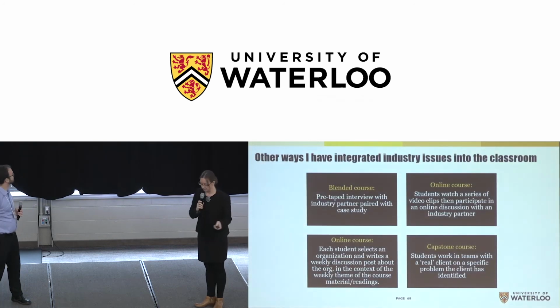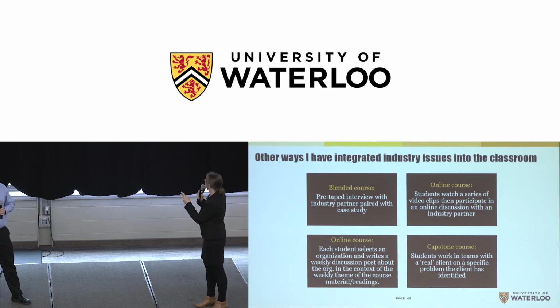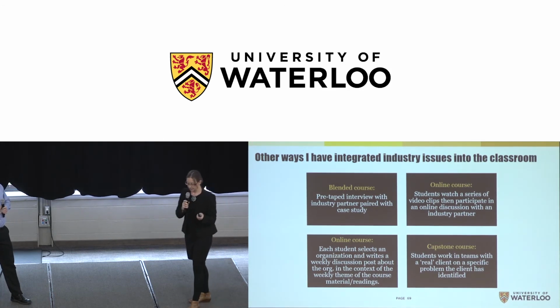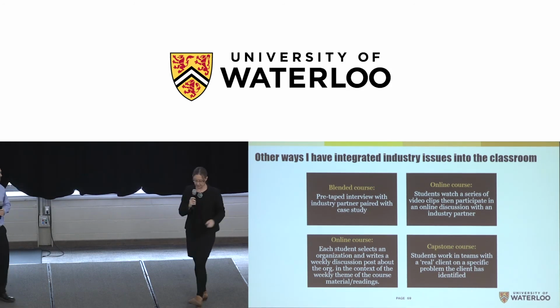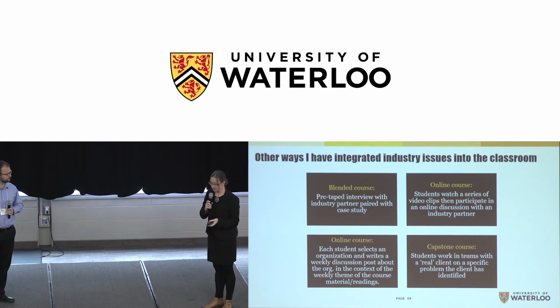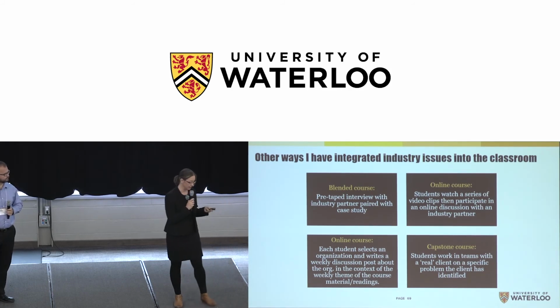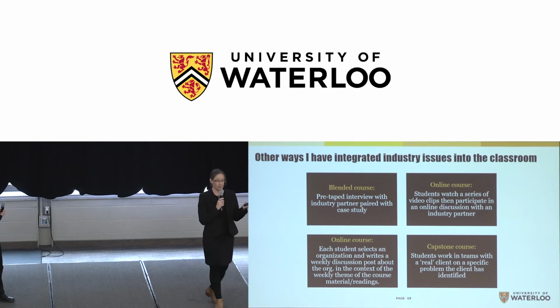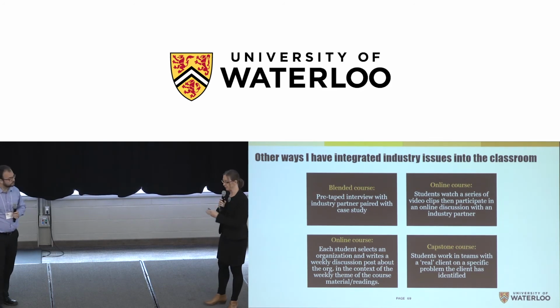in another course. So I just put out some examples of different ways that I've integrated industry issues into the classroom. I do an online master's course, and this is actually where I got the idea to do the worksheets with the undergrad students. These master's students are working professionals, most of them working in an organization. They choose their own organization to follow, and we do it right from the get-go, from week 1. They have an introductory worksheet, and then each week they have to fill in a worksheet.